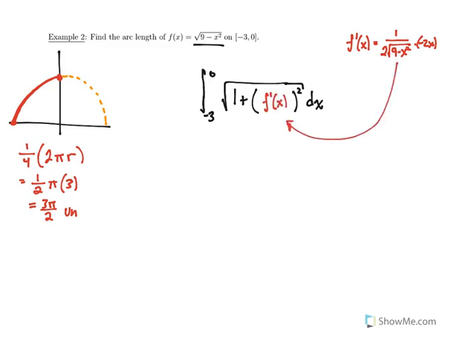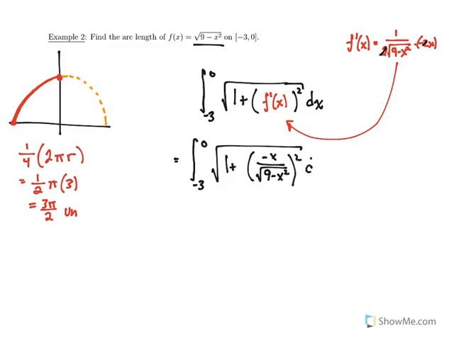We can plug that in there, and we can solve. One plus, the 2's are going to cancel out here. I'll get that right there. We'll have -x over square root of 9 minus x squared squared.